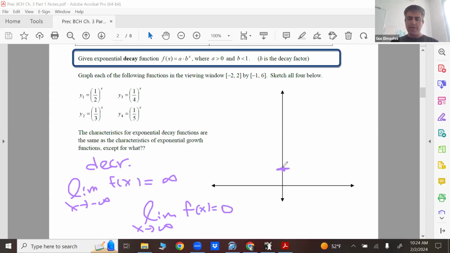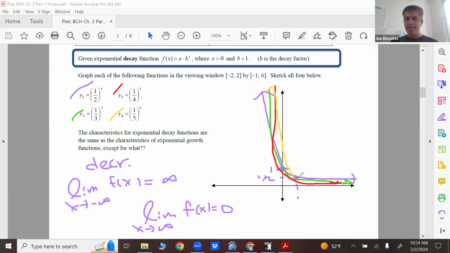They're all going to touch at (0, 1). Yeah, I'm kind of fudging this, guys, but you get the idea, right? Anyway, that's what's happening.